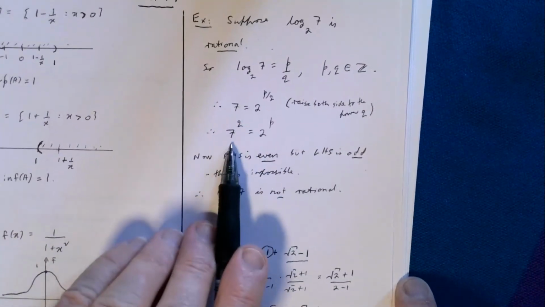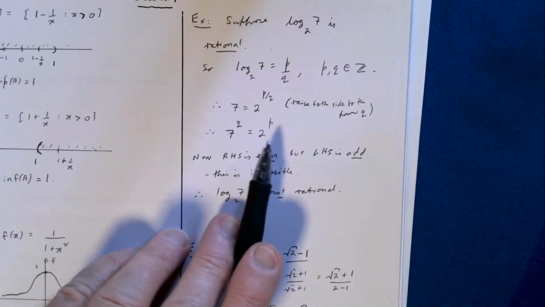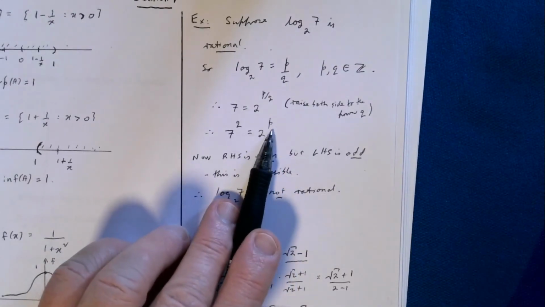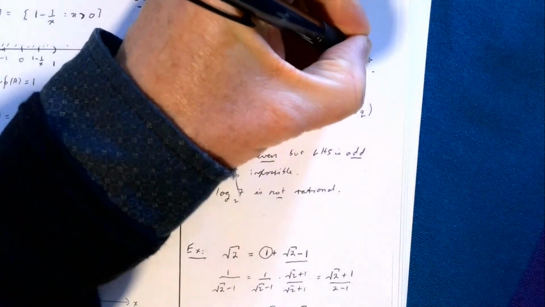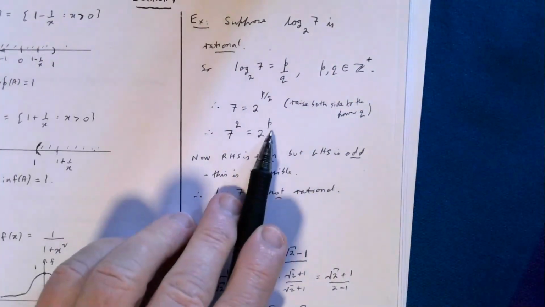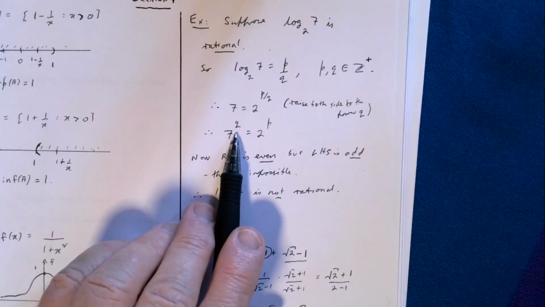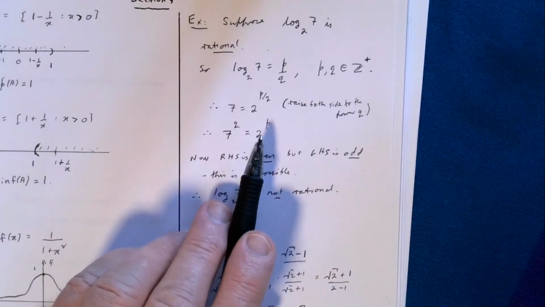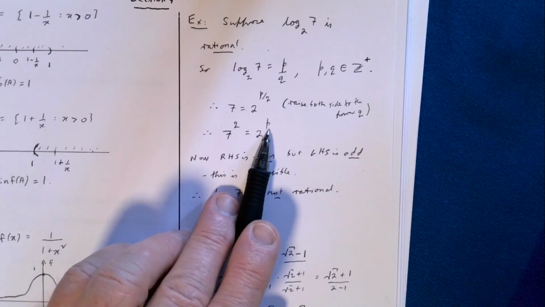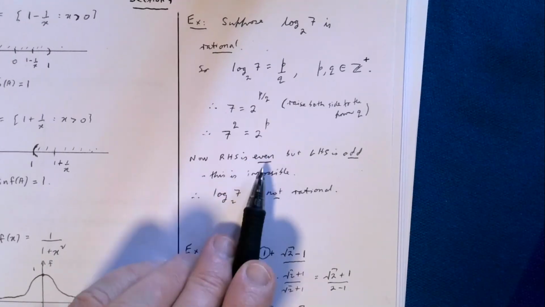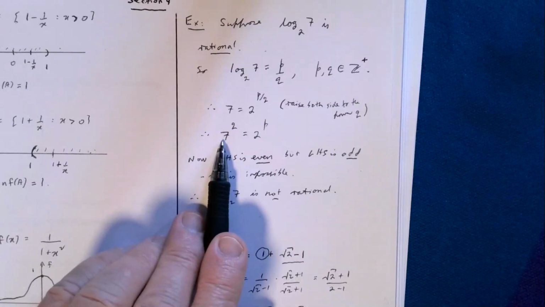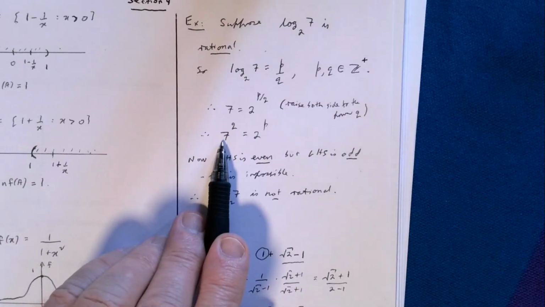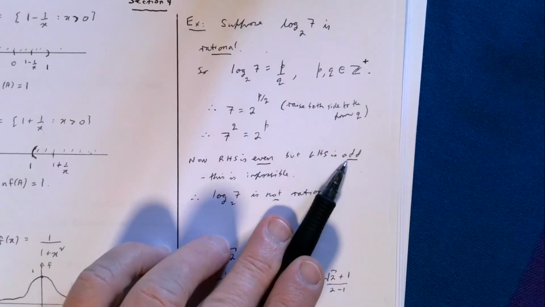Well, hang on now, I look at this and I'm a bit nervous because this is 2 multiplied, the p and q are whole numbers. In fact, I should have put up here perhaps positive integers. These are positive whole numbers. So this says you multiply 2 by itself p times. Well, whatever you get, it's going to be an even number. On the other hand, if you keep multiplying 7 by itself, you always get an odd number.